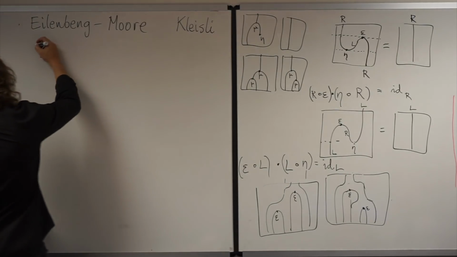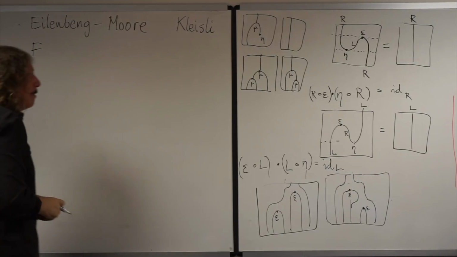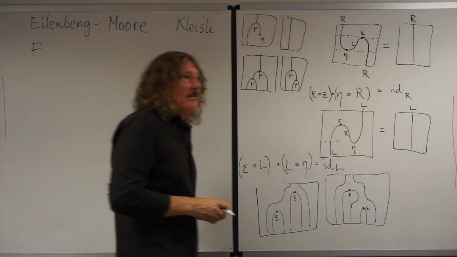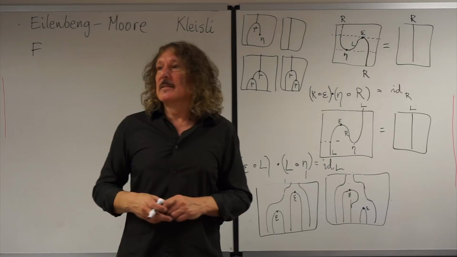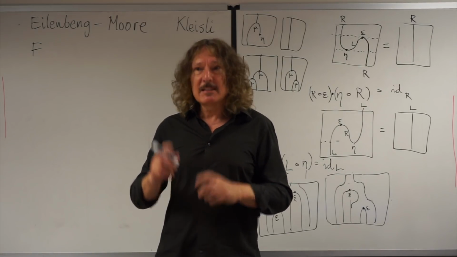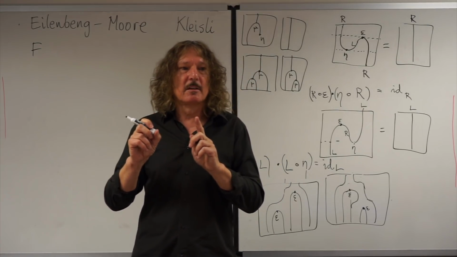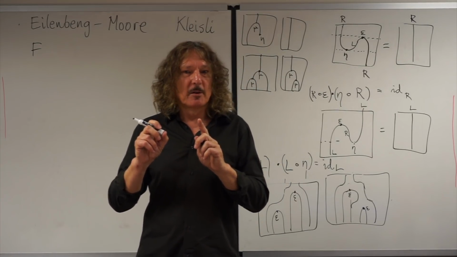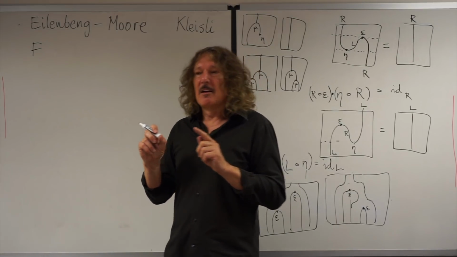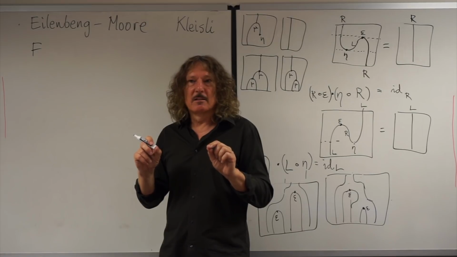So you have some endofunctor F, and you pick a particular object. And this is important. I'll be stressing this a few times at least, or maybe a lot of times, that you pick a particular object, okay?